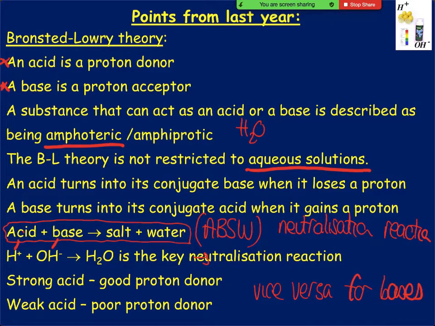So bases will be good proton acceptors or poor proton acceptors if they're strong or weak. So that is fifth year revision now in 10 minutes.